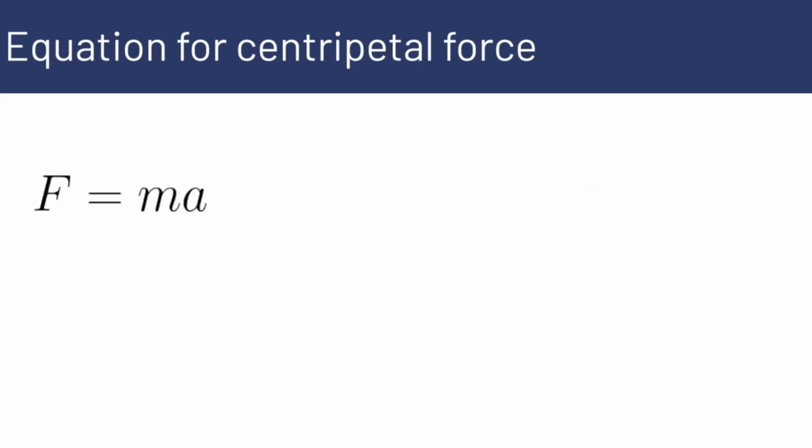All right, so now we're going to look at the equation for centripetal force. We have Newton's second law, F equals ma. And we have our acceleration from the last slide: our centripetal acceleration is equal to v squared over r.